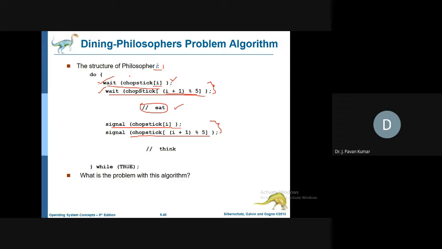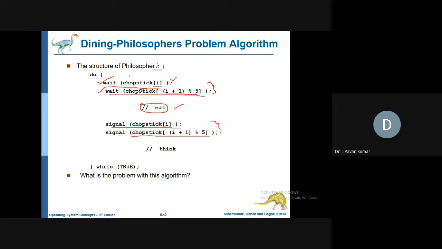Okay, what are the semaphores here? Chopstick of 1, chopstick of 2, 3, 4, 5. These five are the semaphores. For each chopstick, we are making use of one semaphore variable. That's it. It is like the doctor-patient example which we have seen. Five doctors we are having. We need to meet adjacent doctors, like first doctor and second doctor.